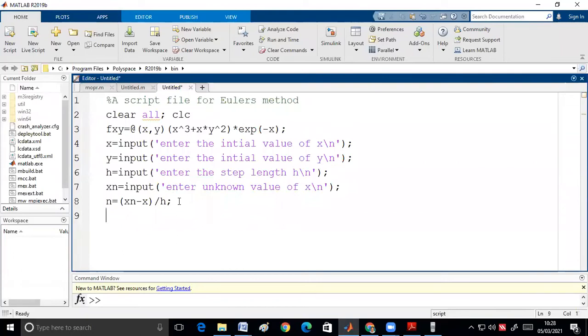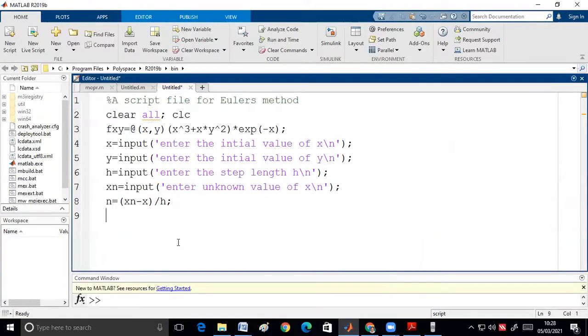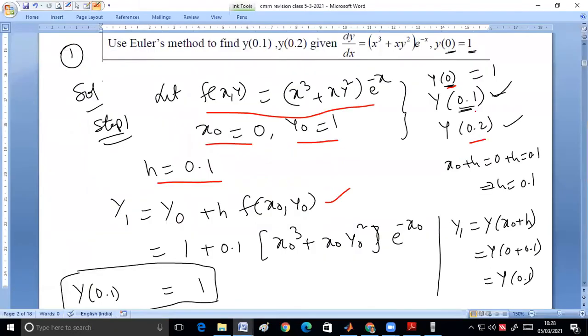Okay. Now after that, we will calculate this value for 2 times. For this purpose, we will use a for loop for I equals to 1 to n. Suppose if you want to find from 0.0 up to 1, we have to repeat the same process 10 times.